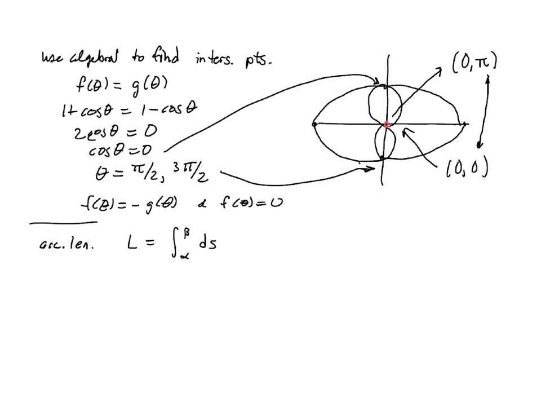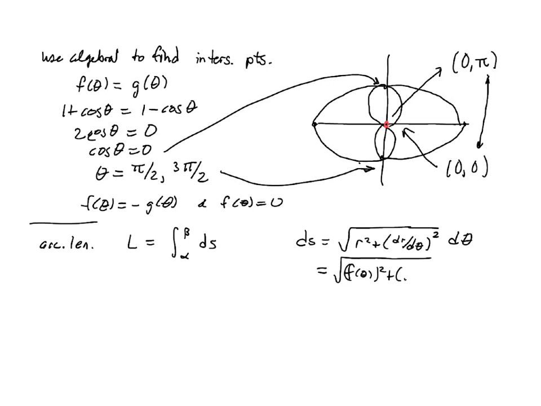And the ds formulation that we have in polar coordinates is the square root of r squared plus dr d theta squared times d theta, or if you like, in terms of f, the square root of f of theta squared plus f prime of theta squared d theta.